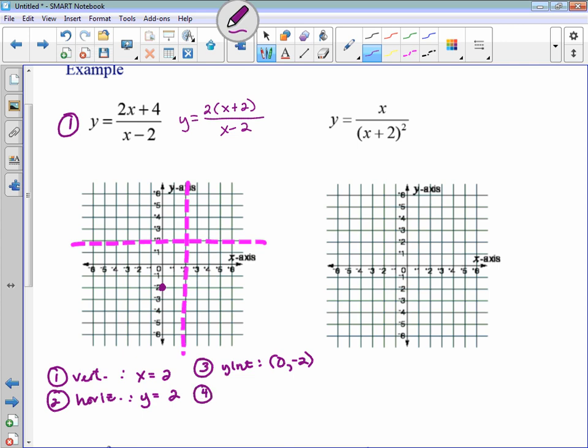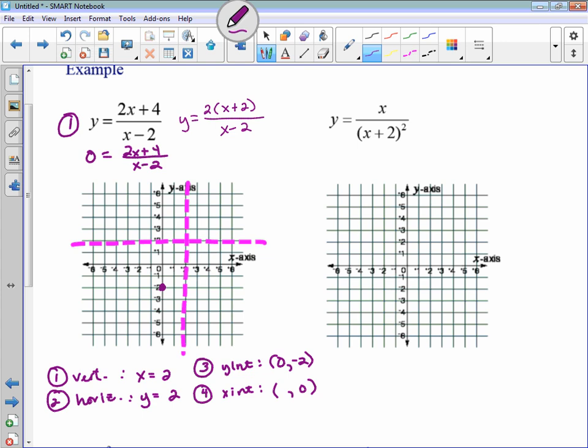Then your x-intercept. What's happening if we're on the x-axis? What equals 0 this time? y. So you're trying to figure out where this whole equation equals 0. If I want (2x + 4) over (x - 2) to equal 0, which part of that fraction actually needs to equal 0?